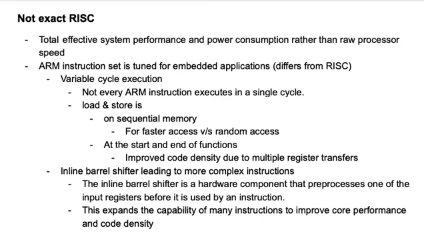This is a hardware component which helps the core processor to pre-process one or more registers before it is executed by an instruction. It improves the core performance as well as the code density.